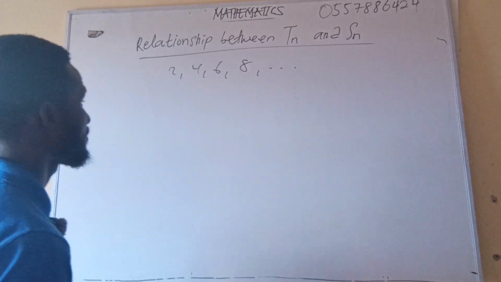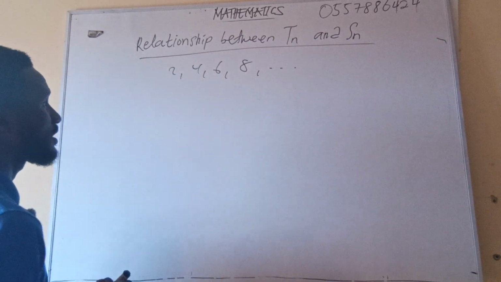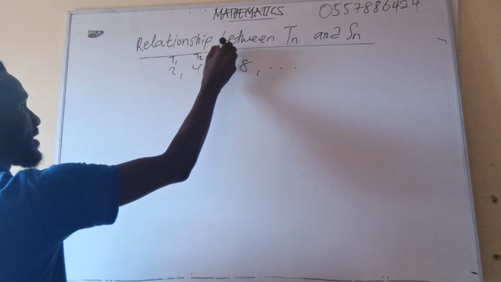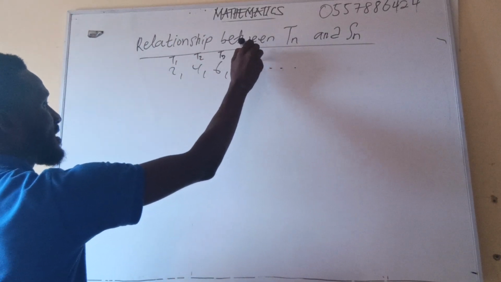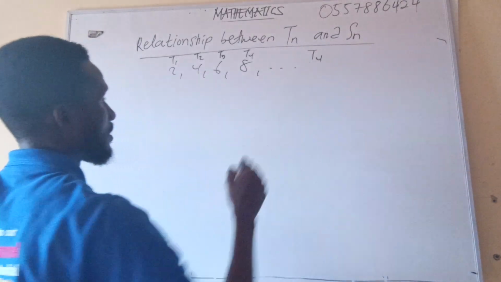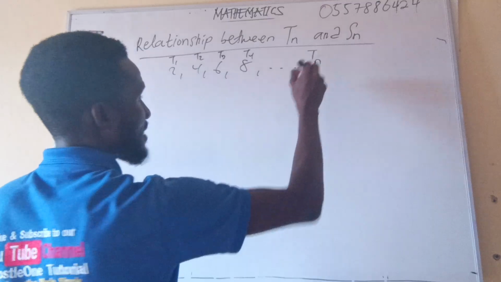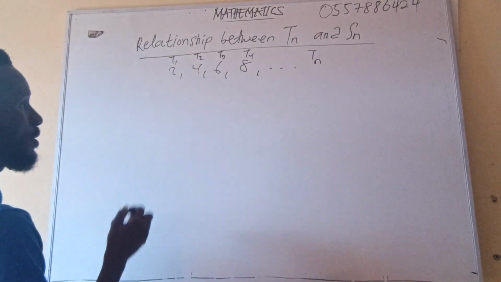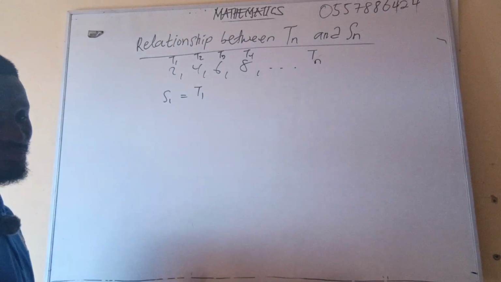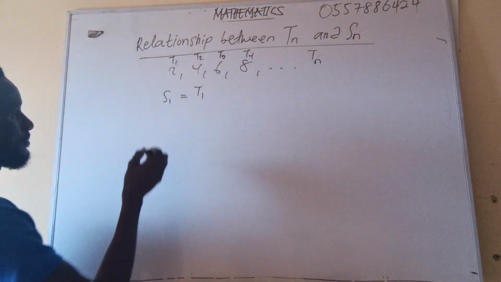This one is my T1, this one is my T2, this one is my T3, this one is my T4, in that order. So we can get Tn, that is the nth term. What's the first term? The first term is T1.